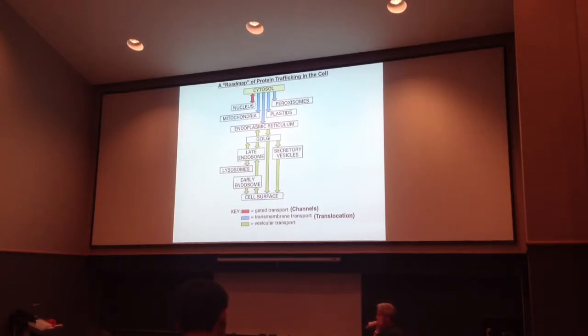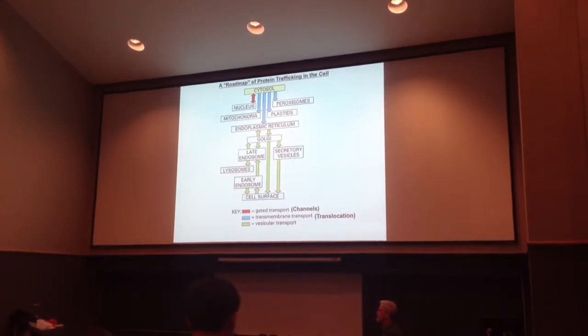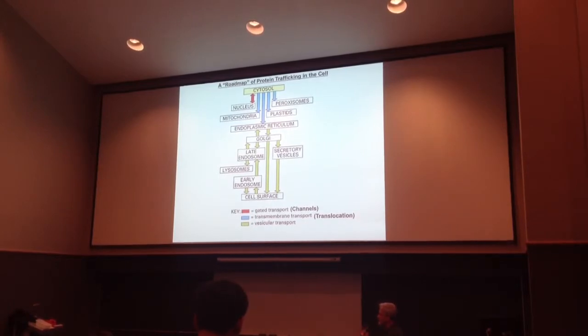They move through in a process called translocation or transmembrane transport. And the proteins that we talked about are synthesized on ribosomes attached to the endoplasmic reticulum, and proteins move into the ER by this process here, transmembrane translocation.